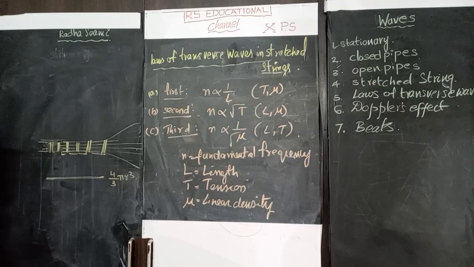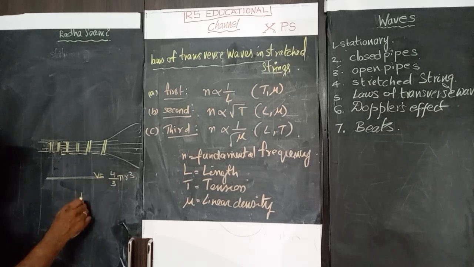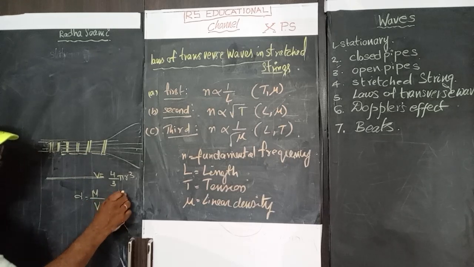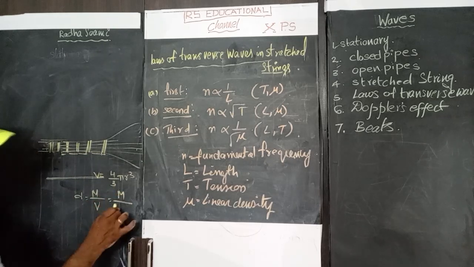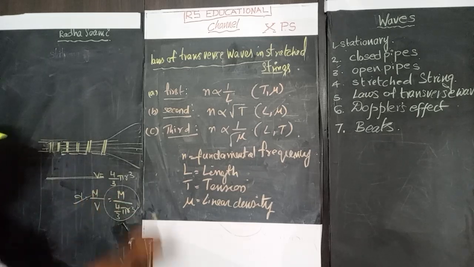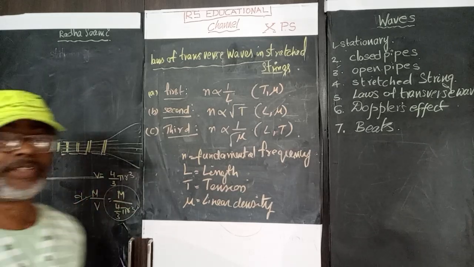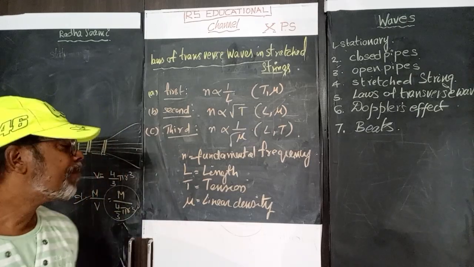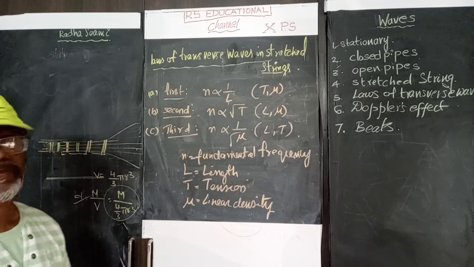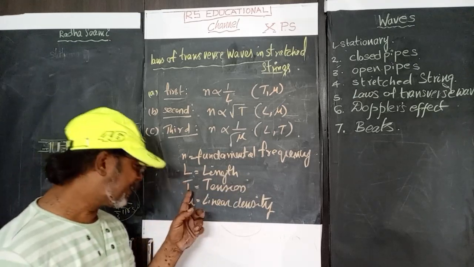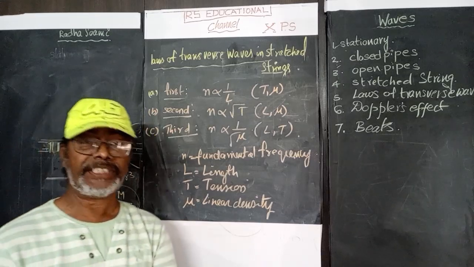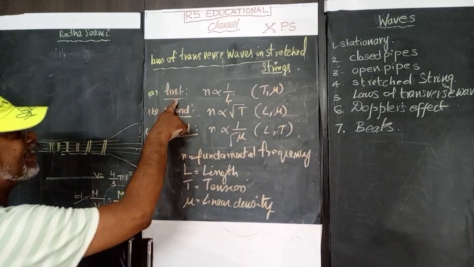So density is equal to mass by volume. So m, mass of the wire by volume of the wire, gives the density of that wire. So linear density is denoted by mu. So the fundamental frequency depends upon the length, tension and linear density. How does it depend? You can see three laws.